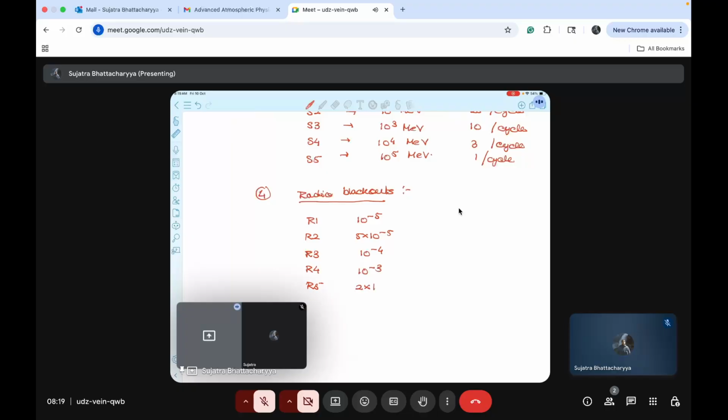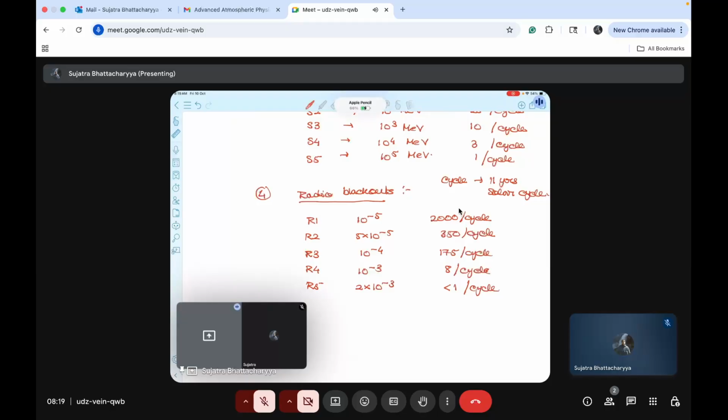And this can happen 2000 per cycle, huge, 350 per cycle, 175 per cycle, 8 per cycle, sometimes it is less than 1 per cycle. So remember this cycle is the 11-year solar cycle.